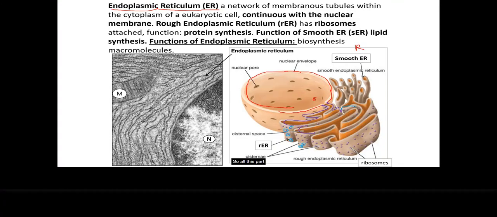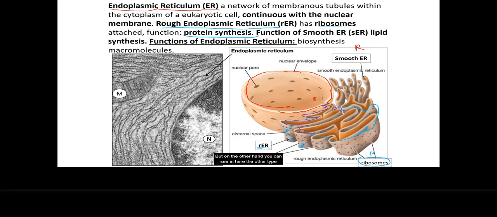So all this part of the endoplasmic reticulum has ribosomes on the surface, and it's called rough endoplasmic reticulum. Its main function is protein synthesis, because ribosomes, which we will talk about next, are structures which help our cell to synthesize different proteins.